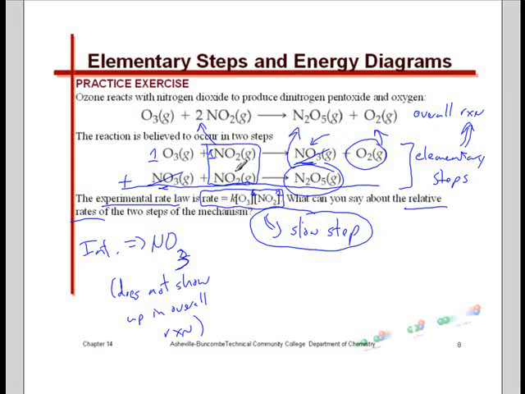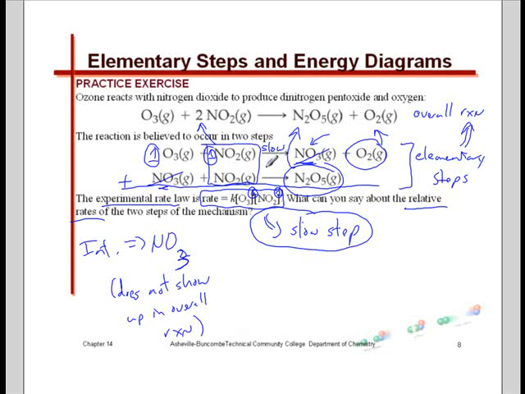So this is one place where you can take the molar coefficients. If you know this is the rate law and you have one elementary step where these numbers correspond to the molar coefficients, 1 and 1, then it's suggesting that this is the slow step.